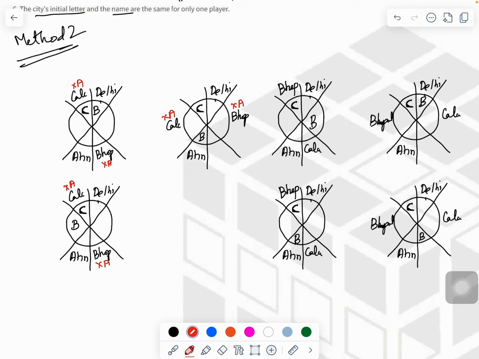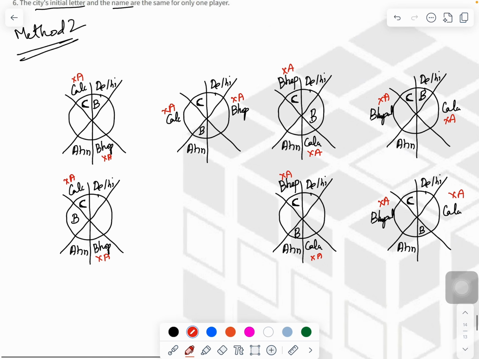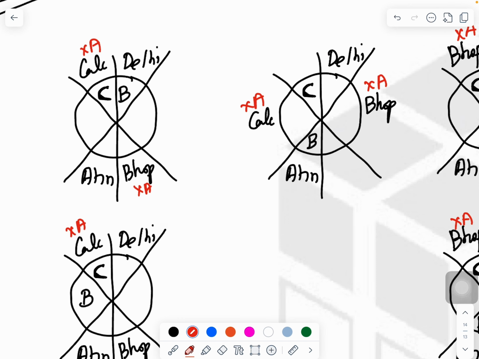Bhopal will not have A, Calcutta will not have A. Now in this first case, Calcutta is there in C. If Calcutta is there in C, the same letter match, 1 match has happened. Therefore, A cannot come here also.